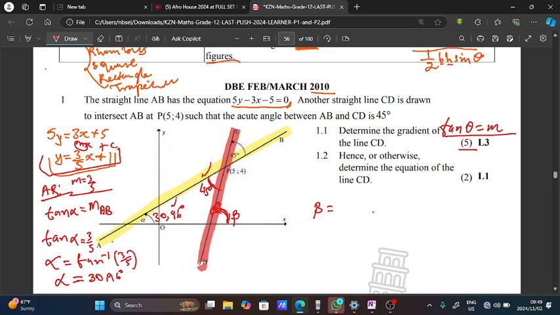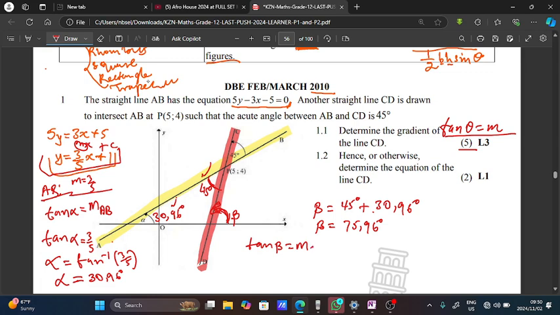So the angle will be 45 degrees plus 30.96 degrees. Then what do you get? 75.96 degrees.